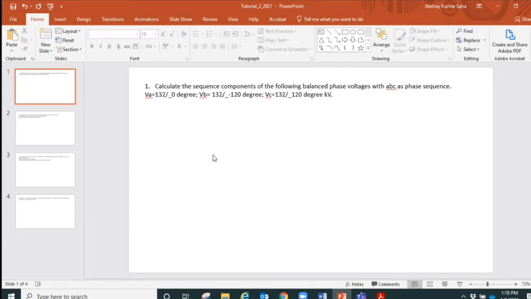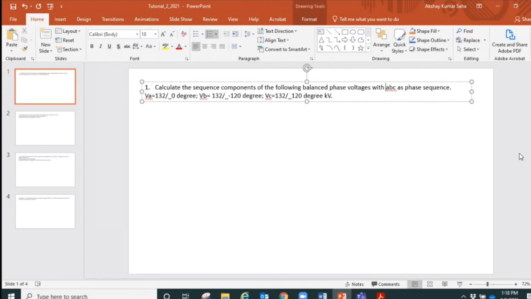It says calculate the sequence components of the following balanced phase voltages with ABC as the phase sequence. Let me quote it so that we don't get confused. ABC is the phase sequence and it's a balanced set of voltages that are given.